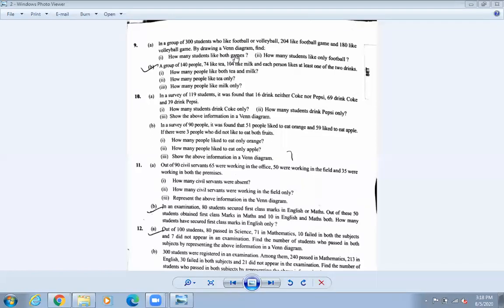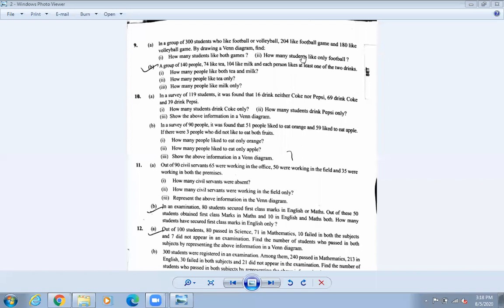Both means what? Both means it is intersection. Okay, both means intersection. And so that means what are the two alphabets? F, next one is V. That means, so F intersection V equals to question mark. So how many students like only football? That means N only F. Okay, so hope you know the abbreviation of this one also.